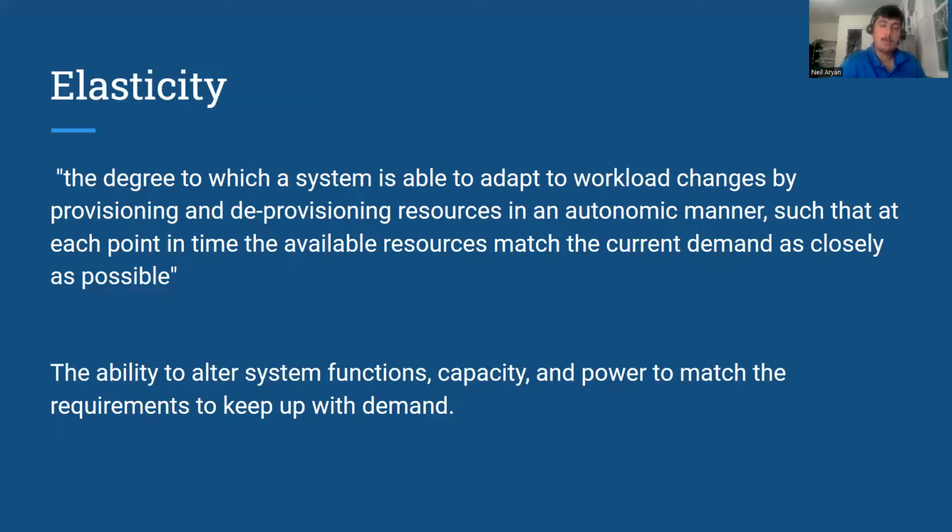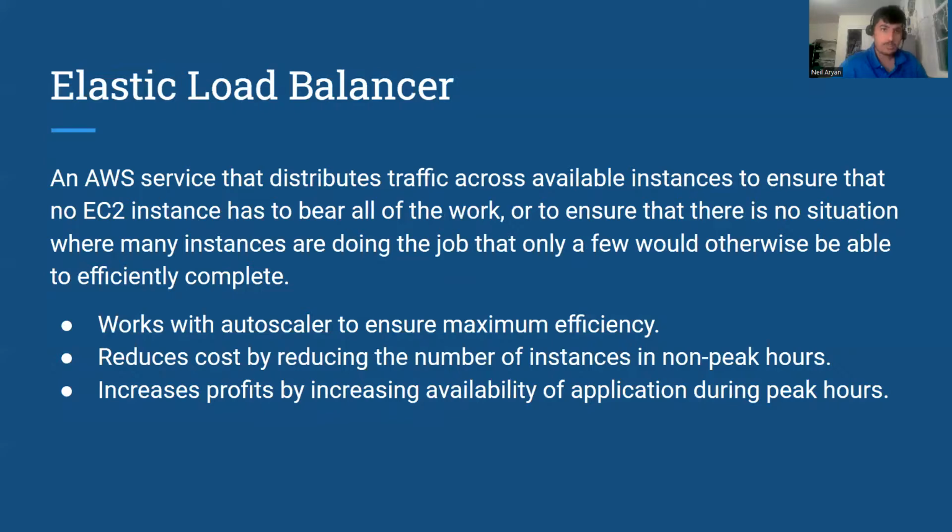And we're going to be talking about a different application that deals with elasticity. So the elastic load balancer is an AWS service that distributes traffic across available instances to assure that no single EC2 instance has to do all of the work. And it's also there to ensure that there's no situation in which there are too many EC2 instances and it's kind of overkill for the amount of demand that you have.